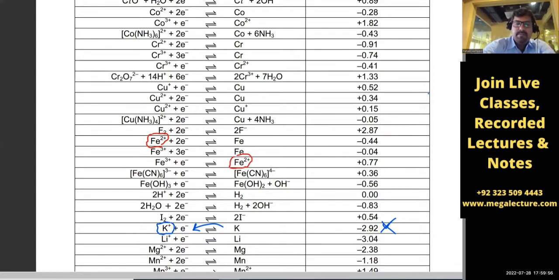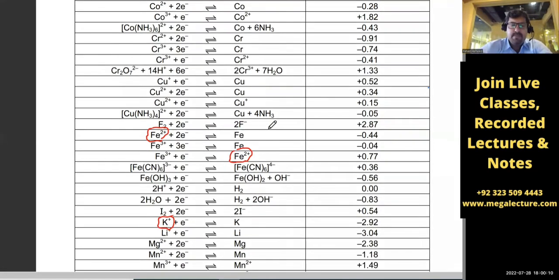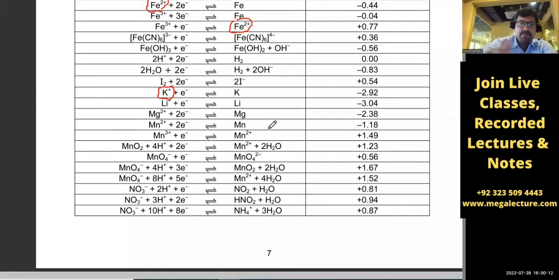Similarly, I've got the K+ equation. Let me just rub this off. So now I've got the K+ equation as well. What else was there? SO4 2-, MnO4 minus 1.